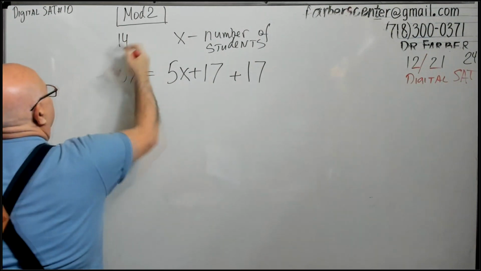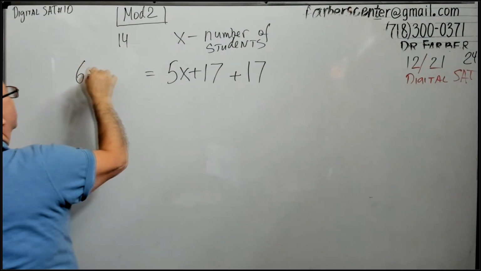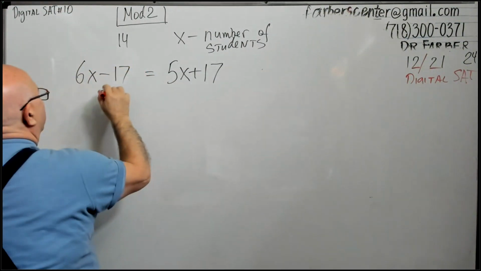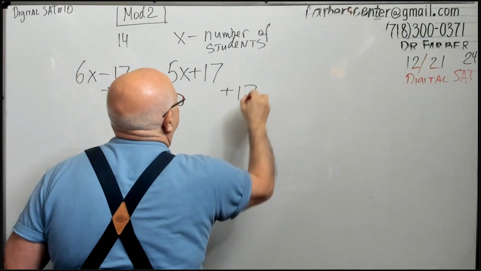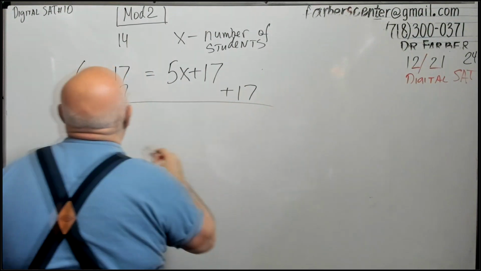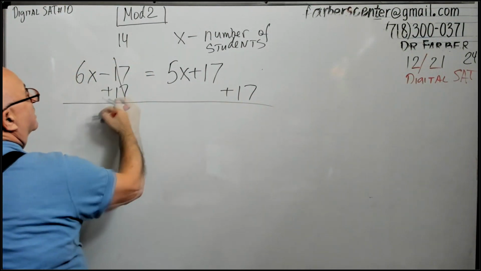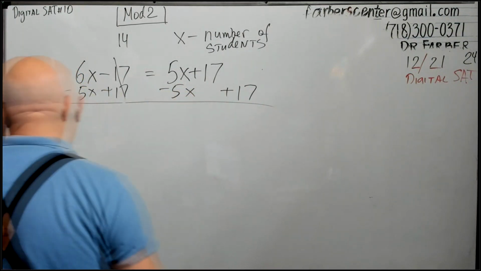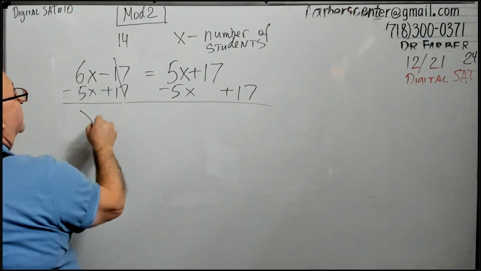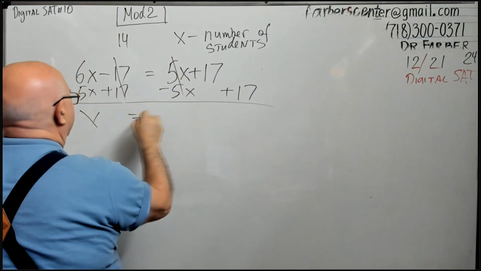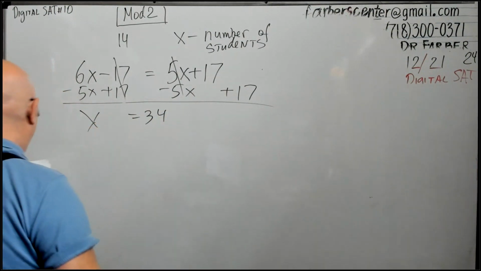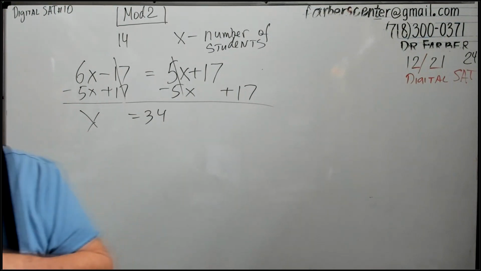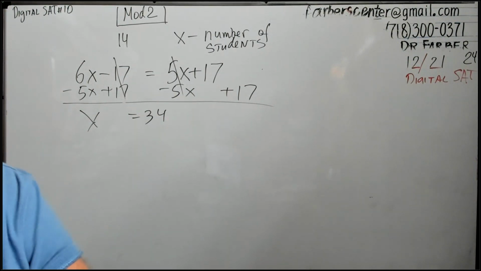Whatever. For instance, I can write here 6x - 17, and after that I can do it mentally, plus 17 and plus 17, because of the shortage. And you get what? 6x, and you can subtract 5x from both sides. This x cancels out, x = 34. That's it. Okay, so far so good. Do you understand up to this point?